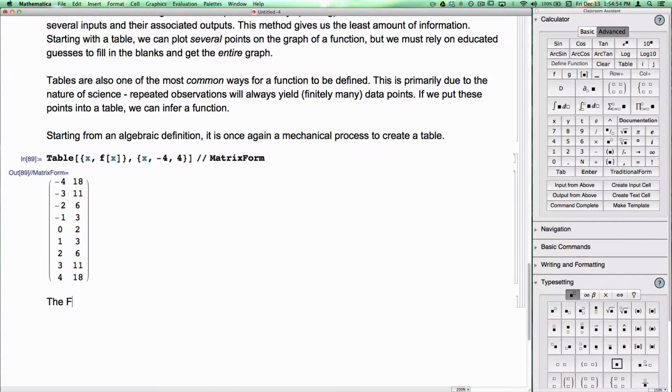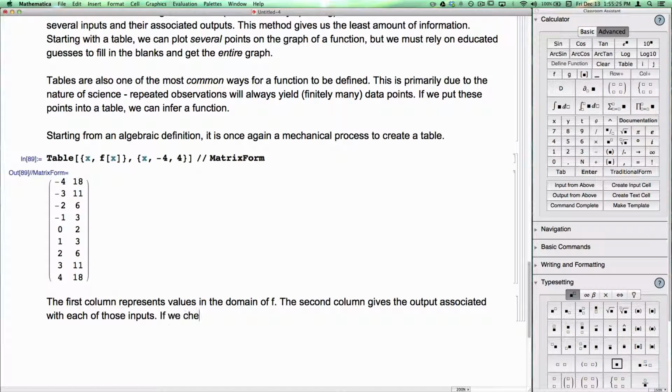The first column here represents the values in the domain of f, and the second column gives the output associated with each of those inputs. If we checked the graph created above, we would see that each of these points in this table is included in the graph.